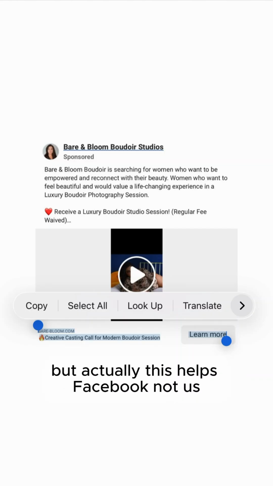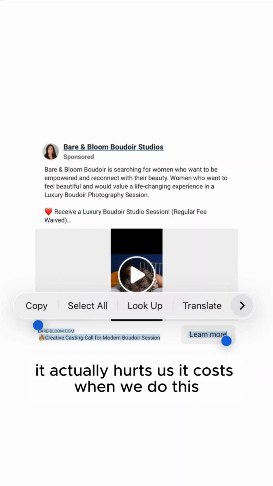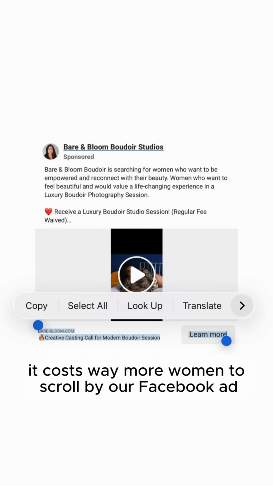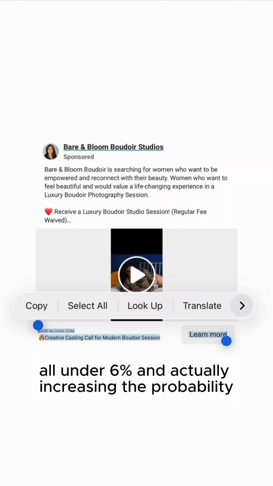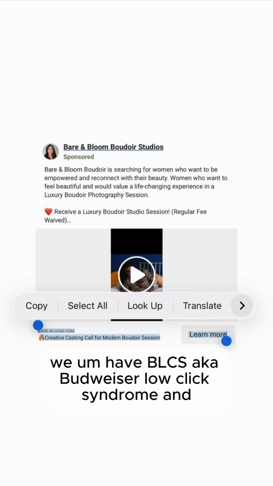But actually, this helps Facebook, not us. It actually hurts us. When we do this, it causes way more women to scroll by our Facebook ad than necessary, pulling unique CTRL under 6% and actually increasing the probability we have BLCS, aka Boudoir Low Click Syndrome.